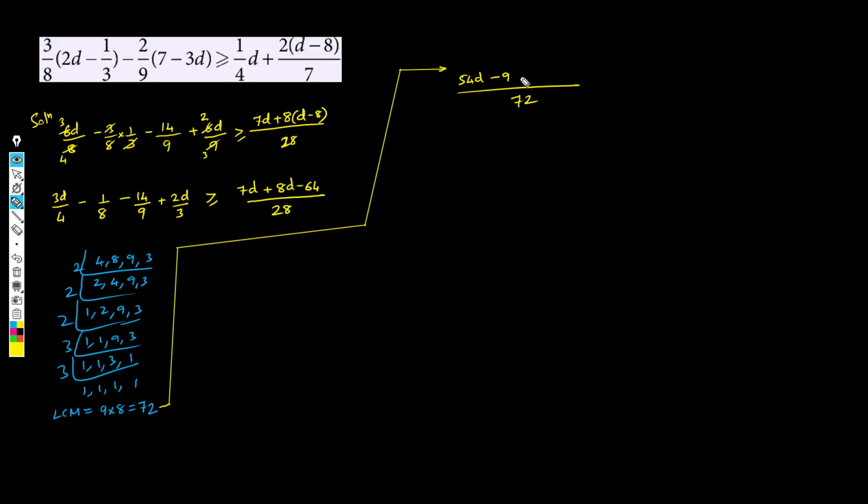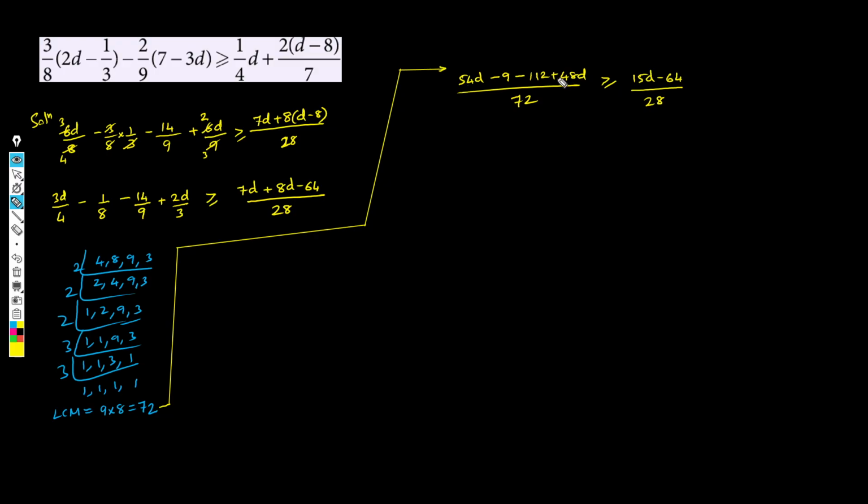This is going to be 9. 9 8s are 72. That gives me 14 into 8. And 14 into 8 gives me 112 plus 3 into 24 gives me 72. 24 into 2d will give me 48d. Greater than or equal to 7d plus 8d would be 15d minus 64 divided by 28.